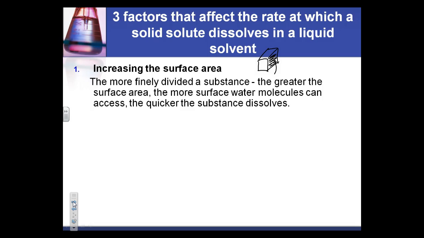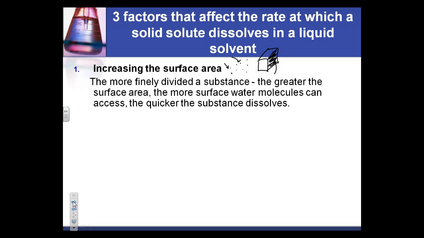So what we do is we smash it into pieces. And the smaller the pieces, the greater the surface area, because then the water can get to all of those tiny crystals rather than just those at the surface. All right, so the more finely divided a substance, the greater the surface area, the more surface water molecules can access, and the quicker the substance dissolves.